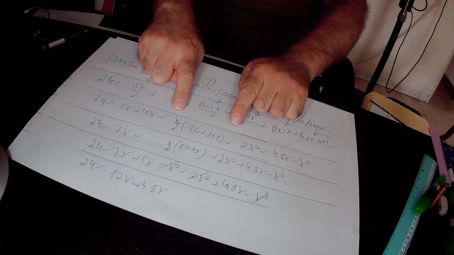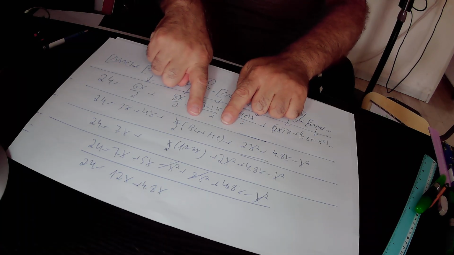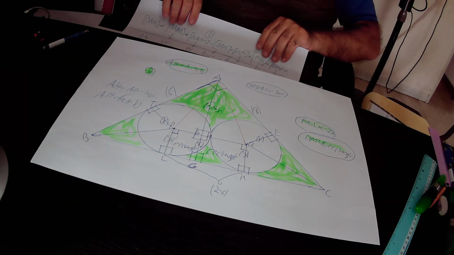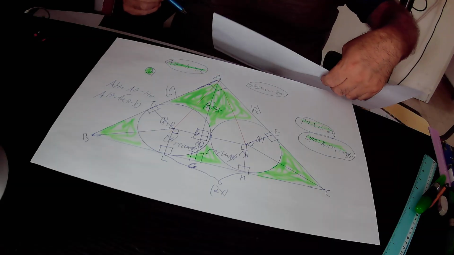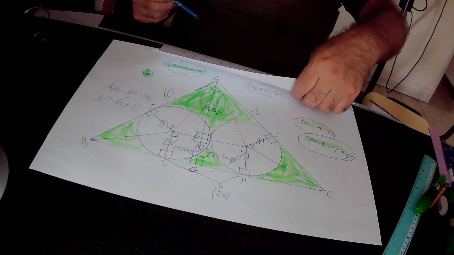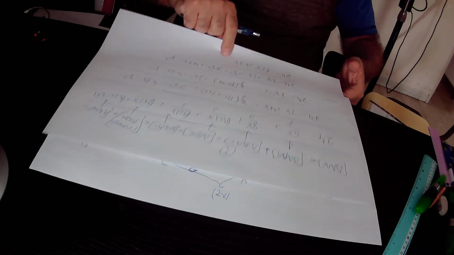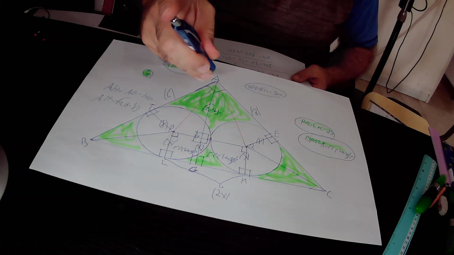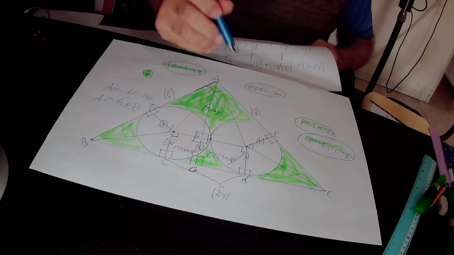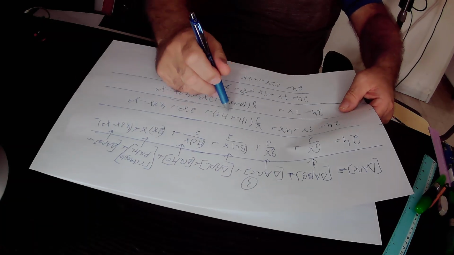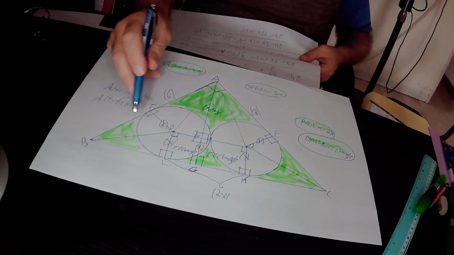Here we have x over 2 times BL plus KC. What is the value of BL plus KC?